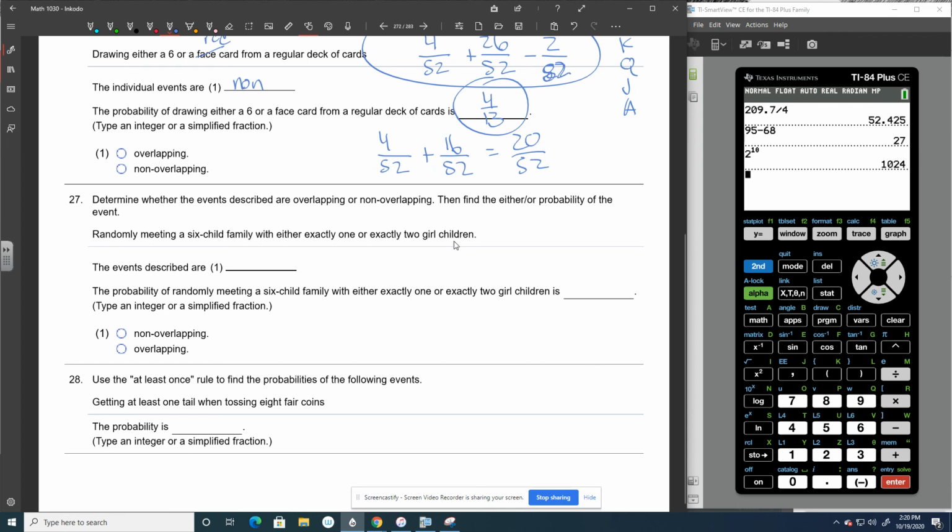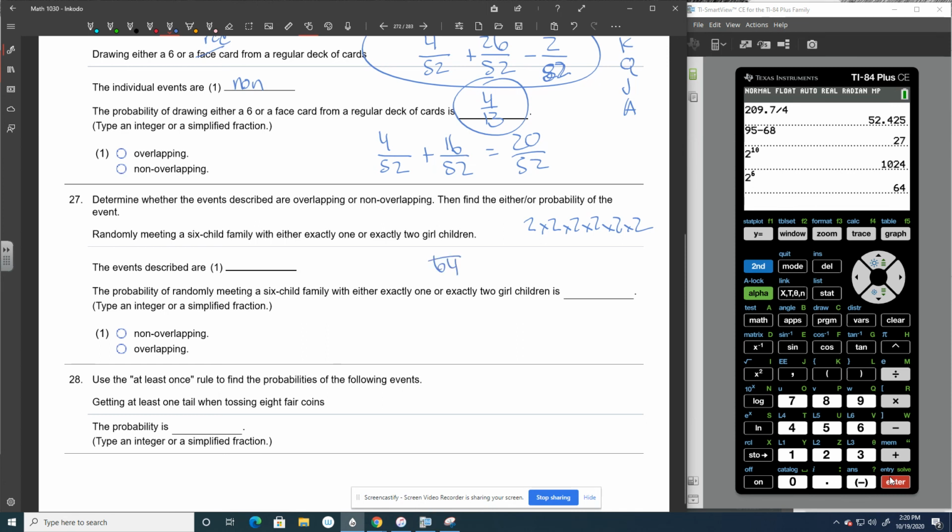Okay, so when you meet a 6-child family, you have a boy or a girl, a boy or a girl, a boy or a girl, a boy or a girl, 6 different possibilities. So the total number of possibilities is 2 times 2 times 2 times 2 times 2 times 2. You've got 2 to the 6 possible families. So that's 64 possibilities, okay?